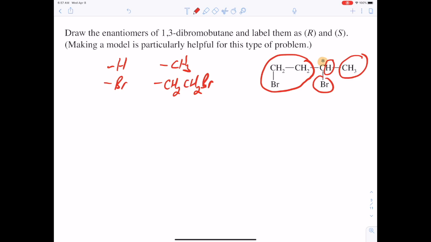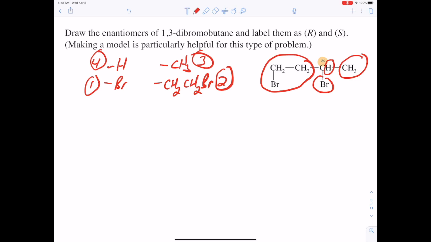So the priorities: bromine will be the top priority, hydrogen will be the low priority, this will be the second highest priority, this will be the third. Two carbons, it's a tie, but the one group has a carbon and 2 hydrogens, the other has only 3 hydrogens. So the carbon beats a hydrogen, making it higher of the two.